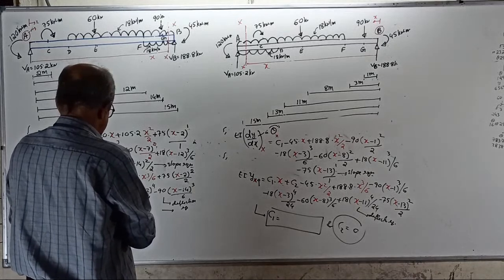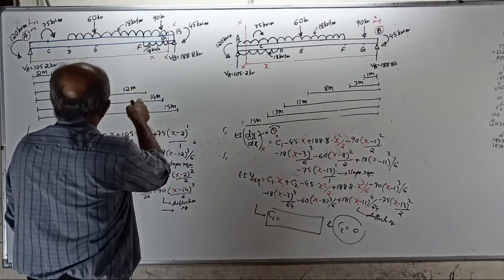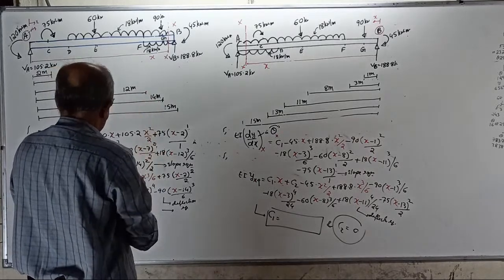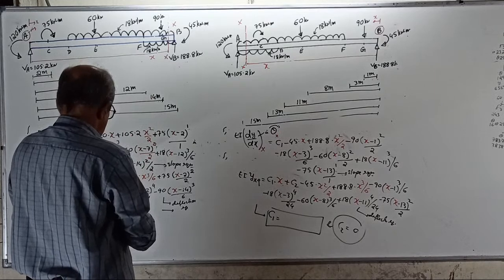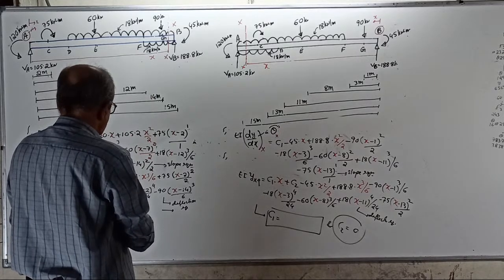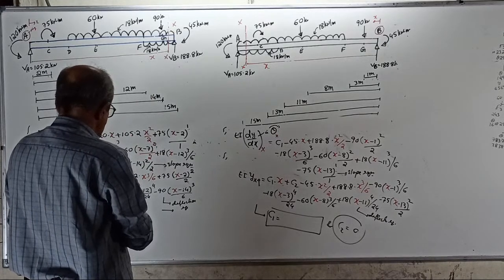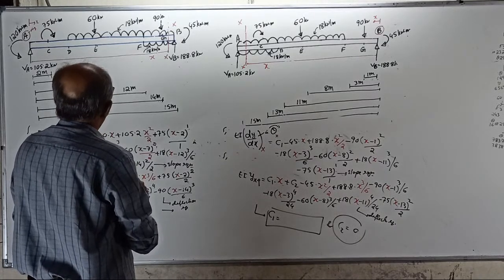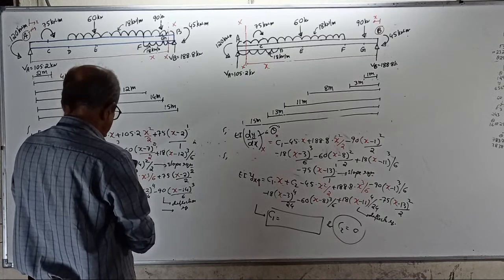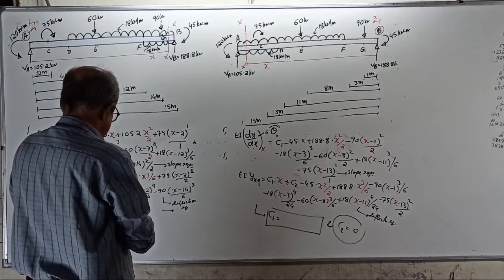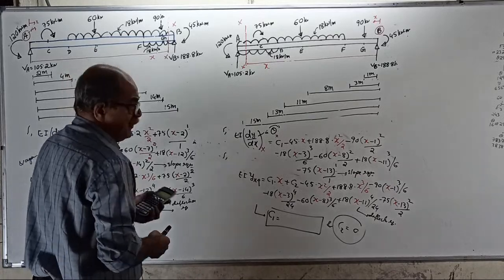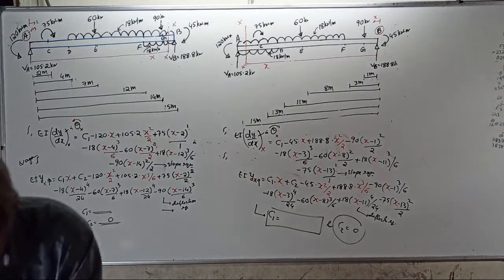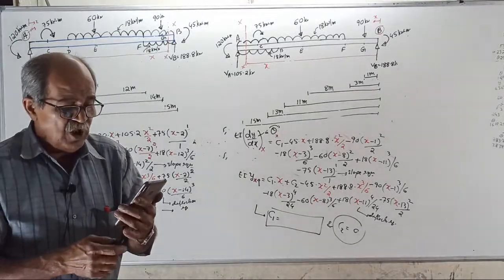Then plus 18 into, that is how much gap there? That is 3 meter length of UDL, 3 power 4 divided by 24 minus 90 into, that is only 1 meter, 1 cube divided by 6, divided by 10. I am getting C1 as 3595.75. You are getting all wrong values.